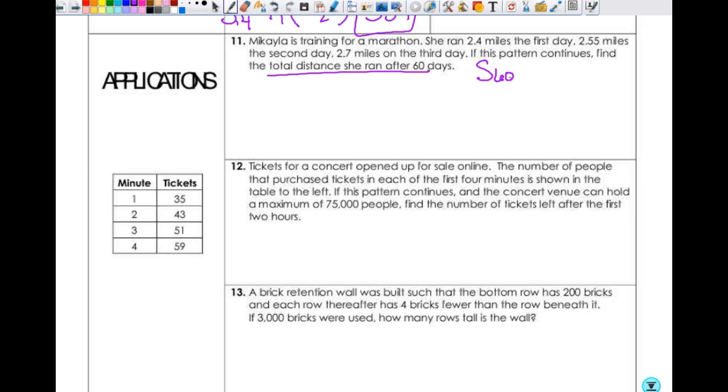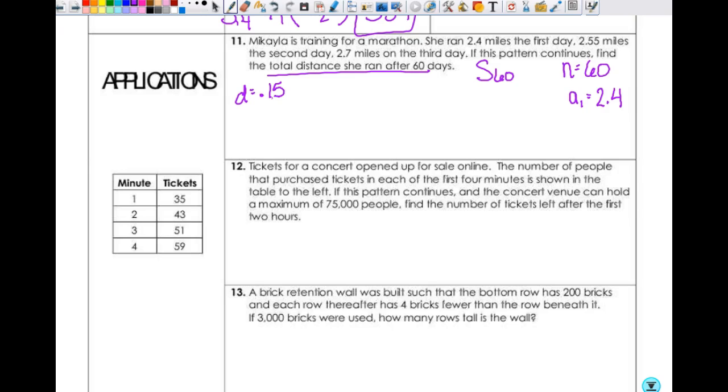First of all, n is what? 60. The first term is 2.4. Is this an arithmetic sequence? Yeah, 0.15 every time, right? So that difference is 0.15.